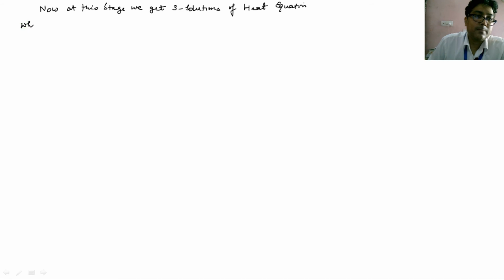When k is positive, we get the solution u of x comma t is equal to c1 e to the power px plus c2 e to the power minus px, into c3 e to the power c square p square t.